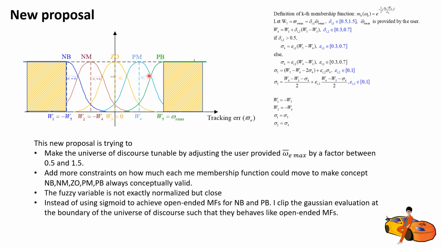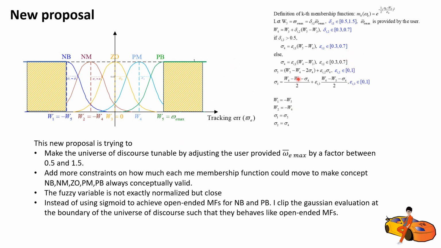In this case, it roughly shows you that sigma 4 plus sigma 5 is equal to the omega 5 minus omega 4. So it's when this eta is equal to 1.